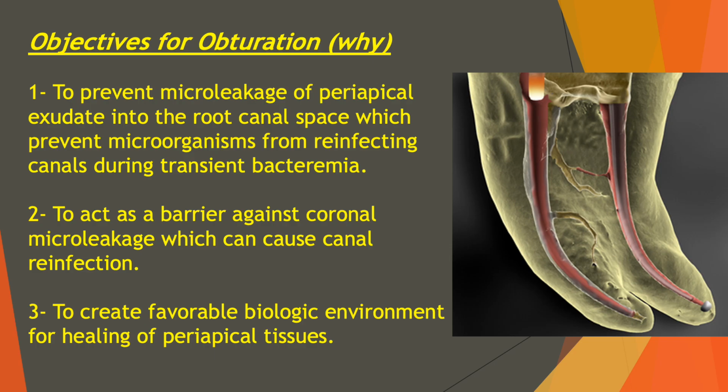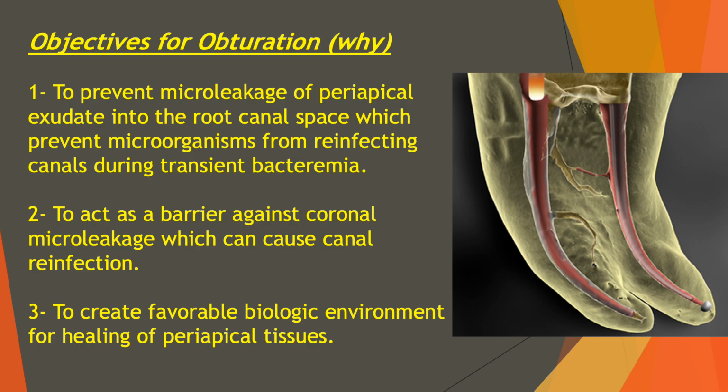So we prevent any microleakage from the apical part of the tooth or from the periapical tissue to the root canal, and also to act as a barrier against coronal microleakage. So we are preventing the apical microleakage and the coronal microleakage.